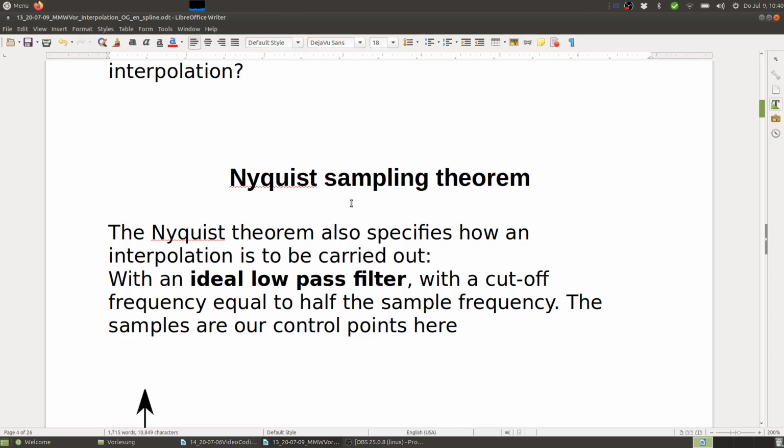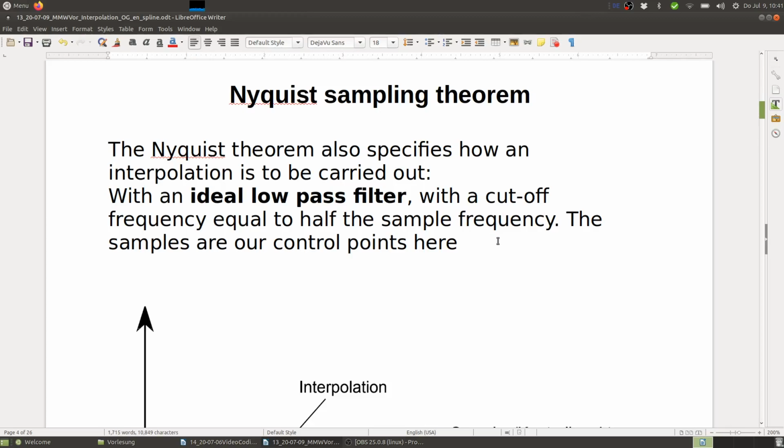Nyquist tells us that we can sample a signal if it's low pass filtered first, and then we can obtain the original continuous version by low pass filtering those samples with an ideal low pass filter. So that's interpolation basically. So the Nyquist theorem also specifies how an interpolation is to be carried out with an ideal low pass filter with a cutoff frequency equal to half the sample frequency.